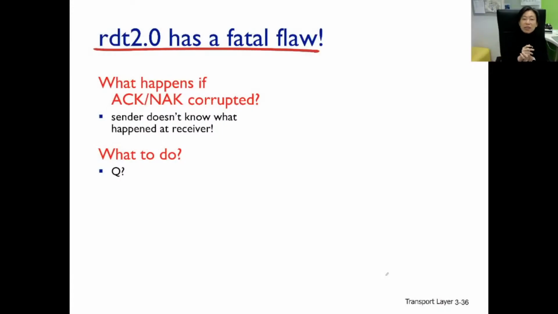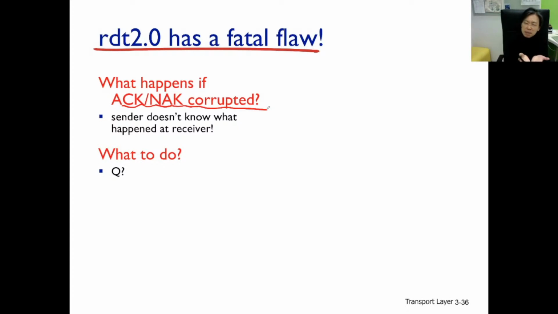But RDT 2.0 has a fatal flaw. If data can be corrupted, therefore a receiver needs to send ACK and NACK to provide feedback to the sender. The ACK and NACK coming from the receiver to the sender, those packets can also be corrupted. So what if that feedback packet is corrupted?